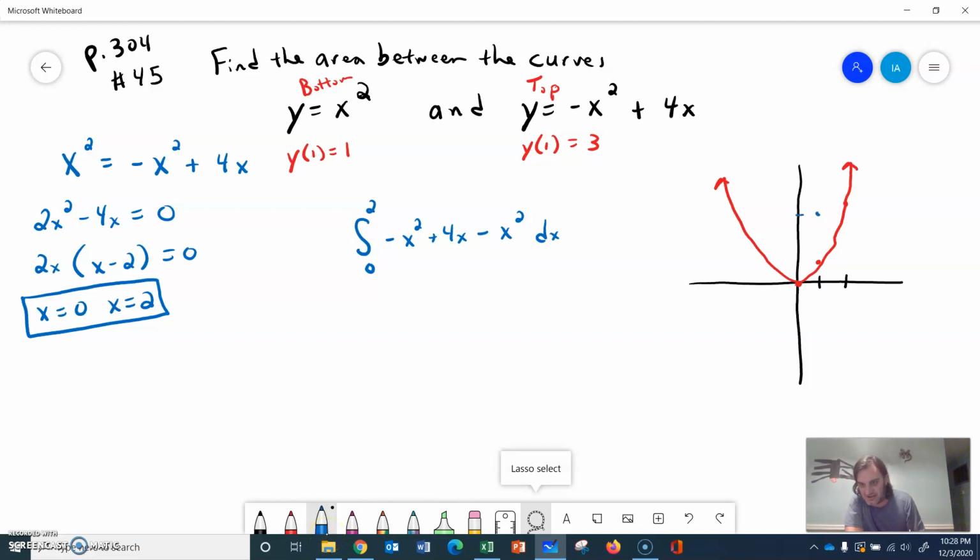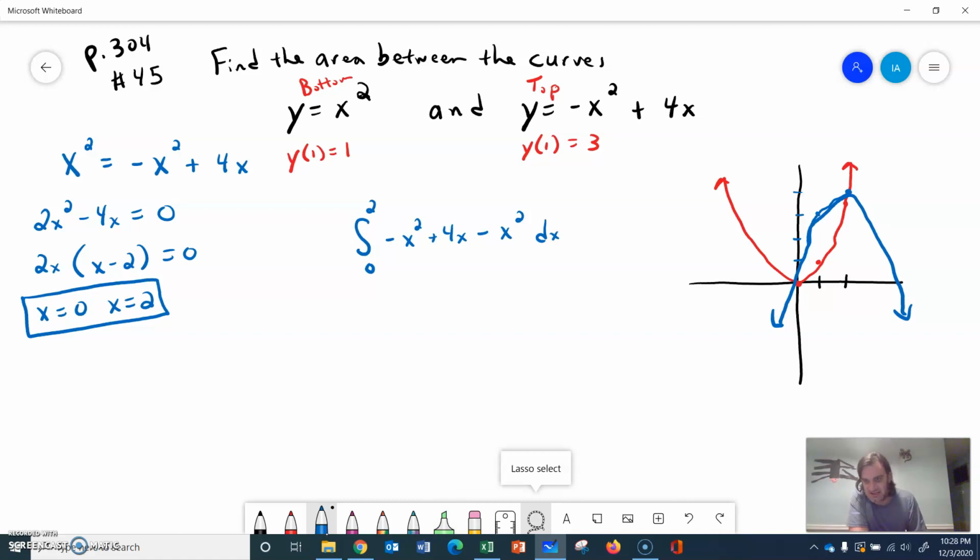So 1, 2, 3. And then up here is the 4 where that thing's touching. It actually kind of goes upside down right there. So I believe it goes down like this. It's supposed to be an upside down parabola. I'm just not very good at freehand with the writing tablet.